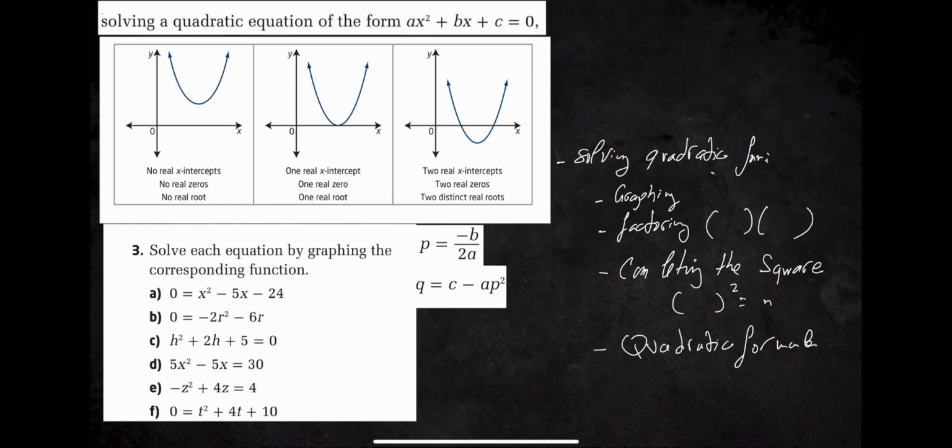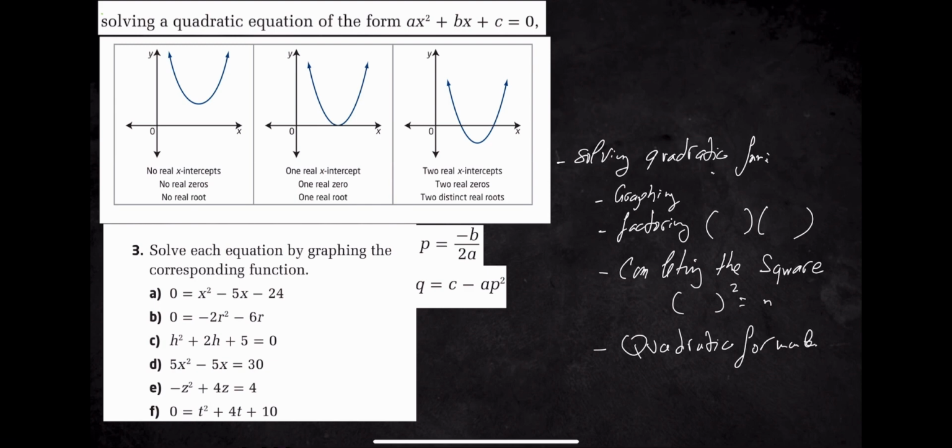Graphing is the easiest one. You plug your equation into your graphing calculator, and it will show you the intersection, and you can zoom out to see exactly where it's touching.